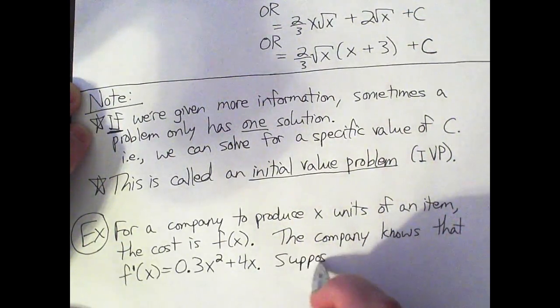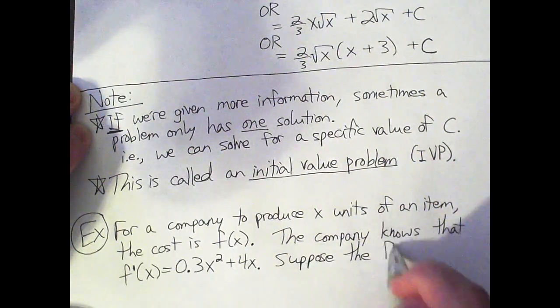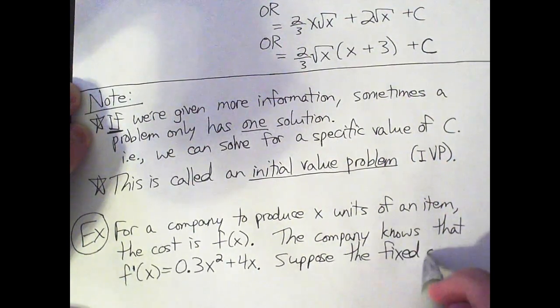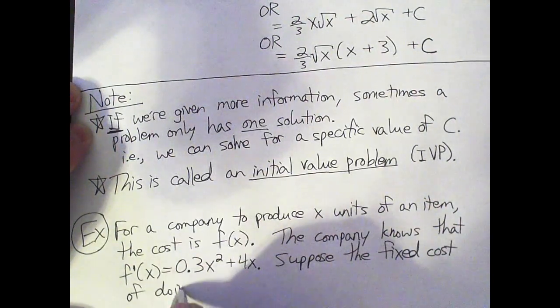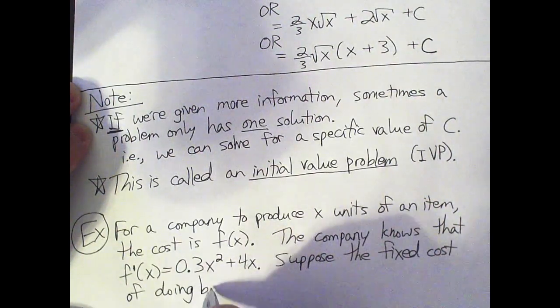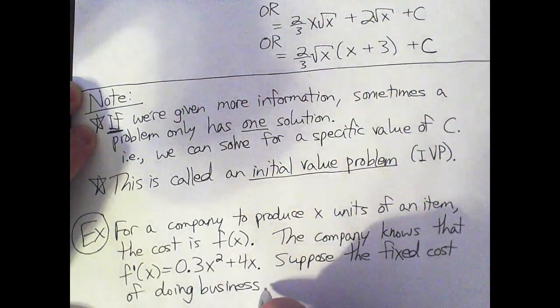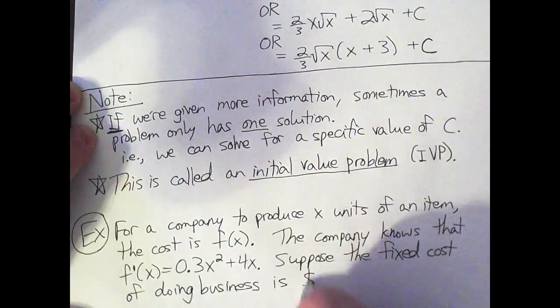Suppose the fixed cost of doing business is $1,200.